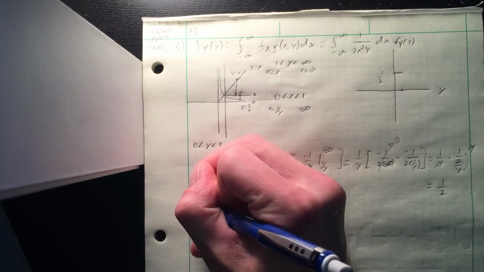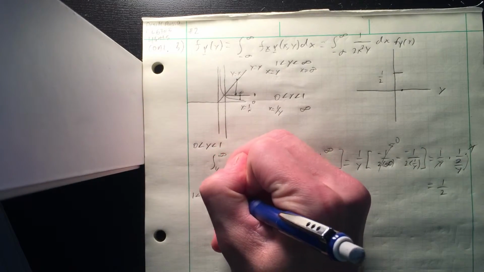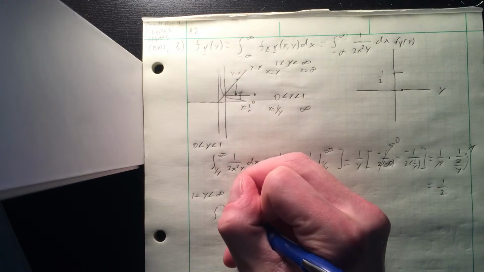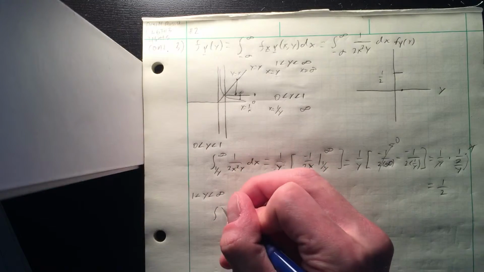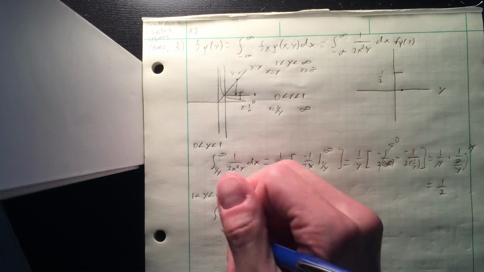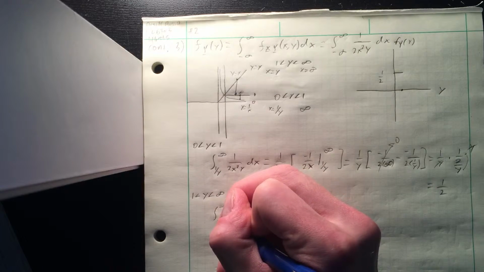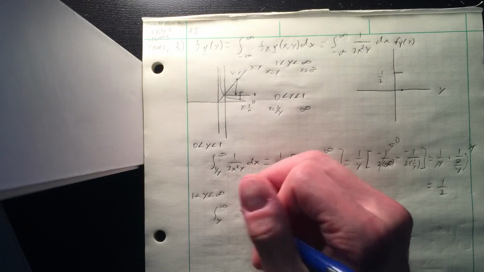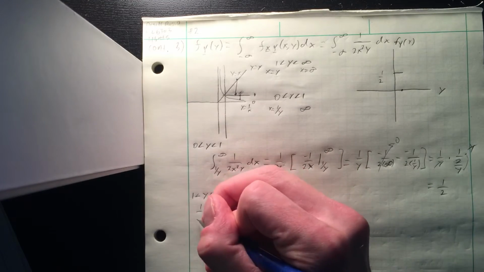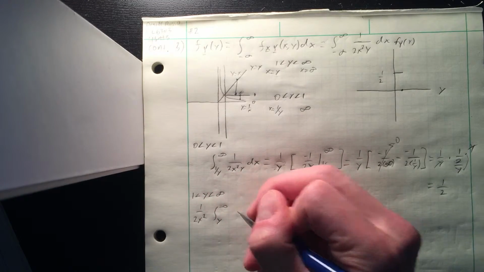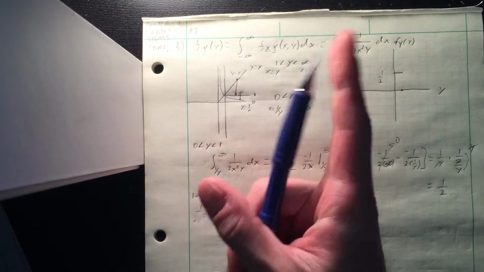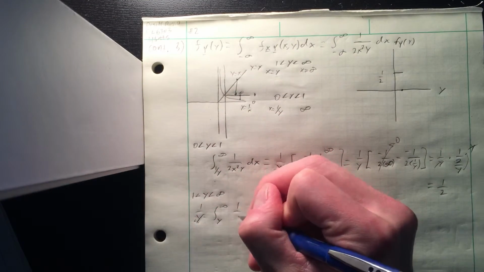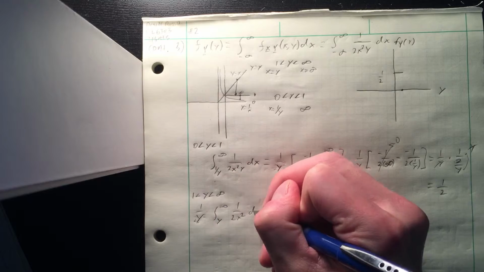So now our 1 is less than y is less than infinity. We're going to have our upper limit actually be infinity, the ever-increasing y, from y to ever-increasing y. Similarly, take the 1 over y out, leave 1 over 2x squared dx.